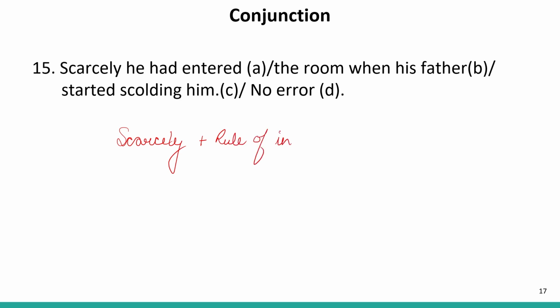Therefore, in this sentence as well, had should be placed before he. So the correct sentence will be: scarcely had he entered the room when his father started scolding him. So our answer is A. That is, A part contains the error.